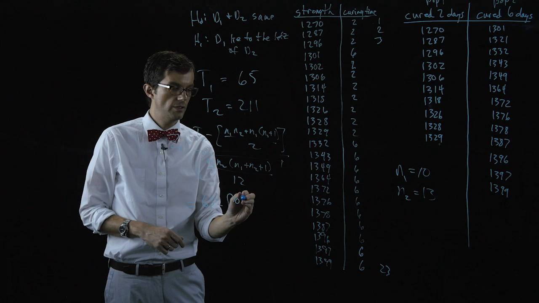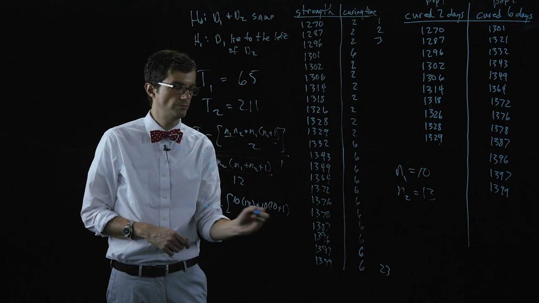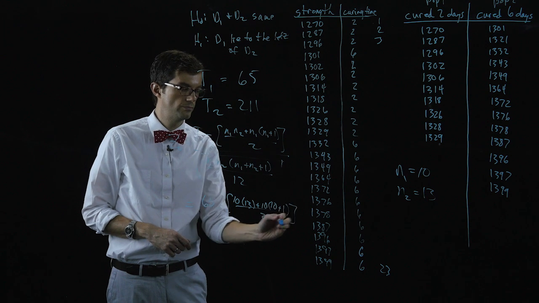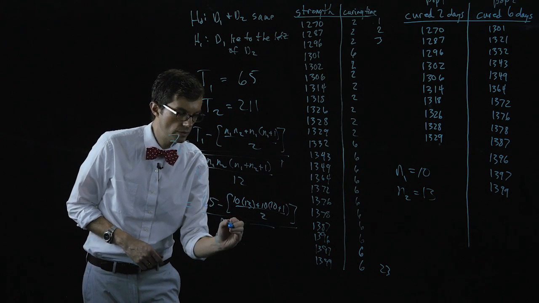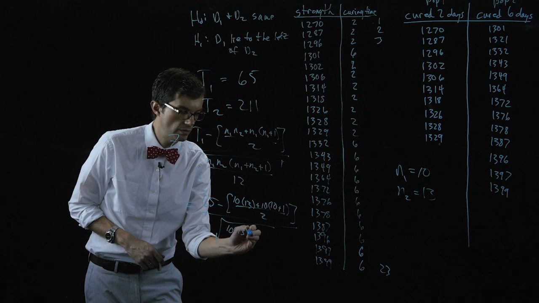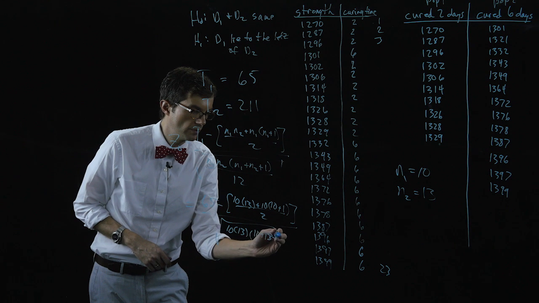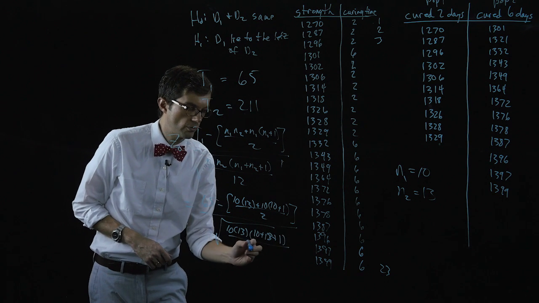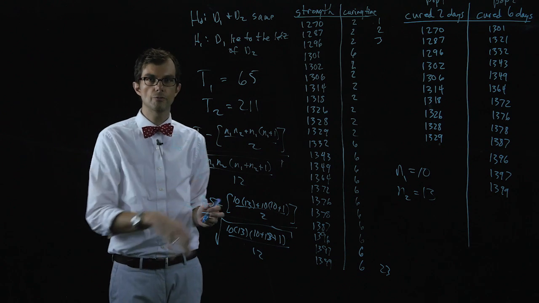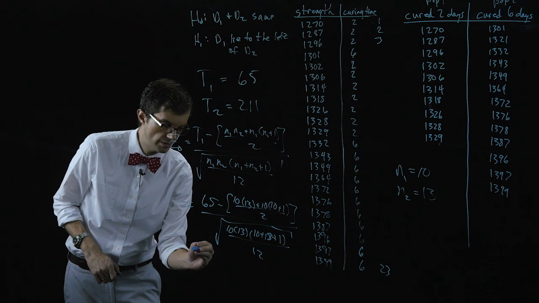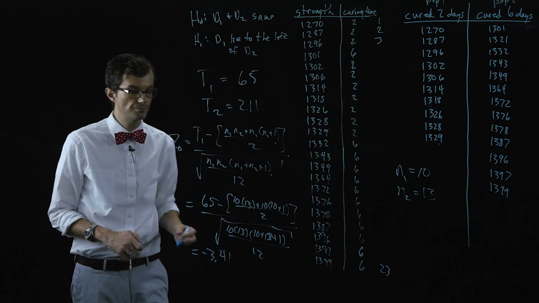So 10 times 13 plus 10 times (10 plus 1), all over 2, divided by the square root of 10 times 13 times (10 plus 13 plus 1), all over 12. Okay, just arithmetic from here. That test statistic is negative 3.41.